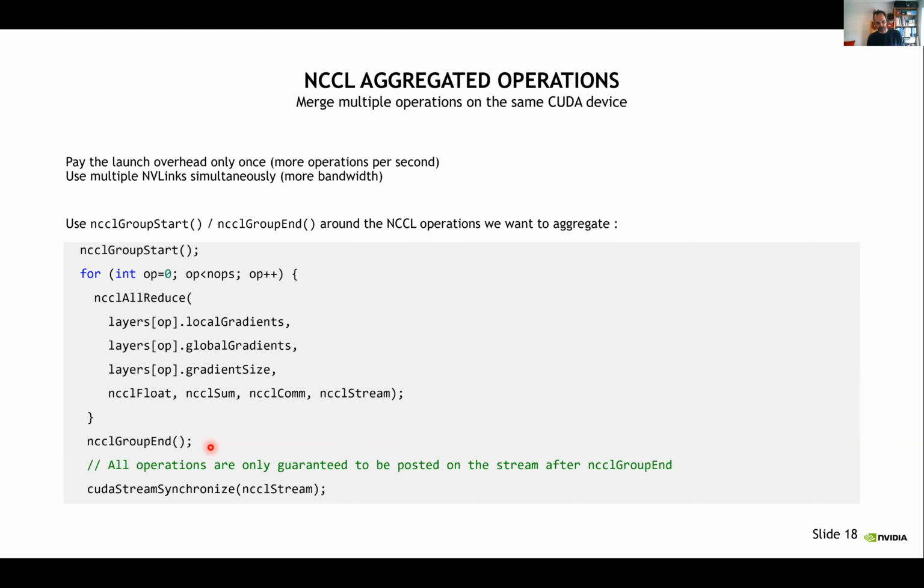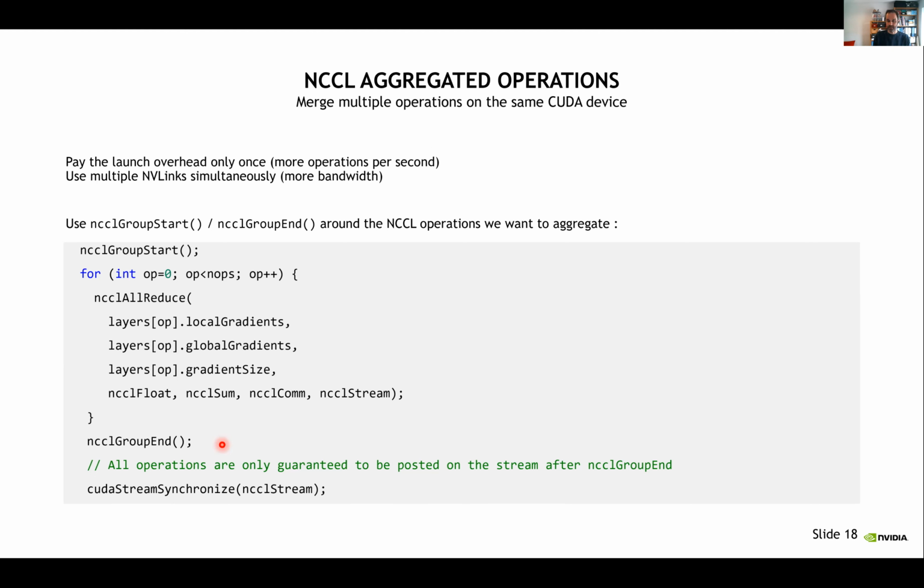After you've started a group, all communication operations are just enqueued. Nothing is launched. The operations are launched only after ncclGroupEnd is called. And that allows NCCL to do some optimizations, which improves the efficiency of these operations.